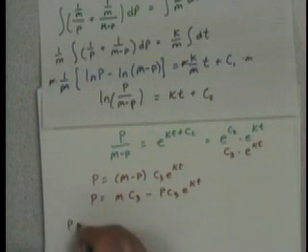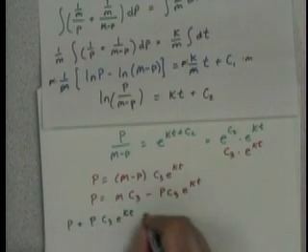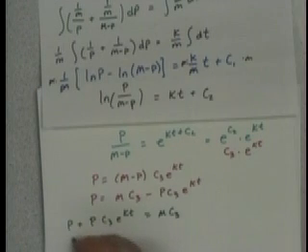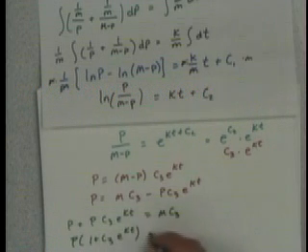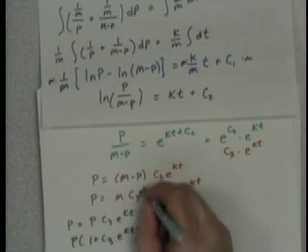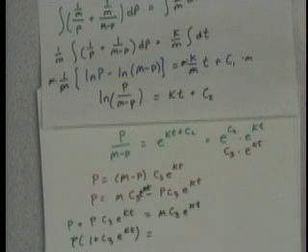So p plus p c3 e to the kt equals m c3. Factor out the p. I forgot to write the e to the kt here. And then we'll divide.